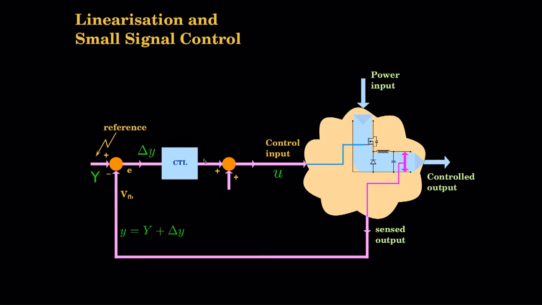So, output of the controller should be delta U, and here should be the uppercase nominal operating point. So, the nominal operating point is given as a feed forward term. Deviations about the nominal is provided by the controller.